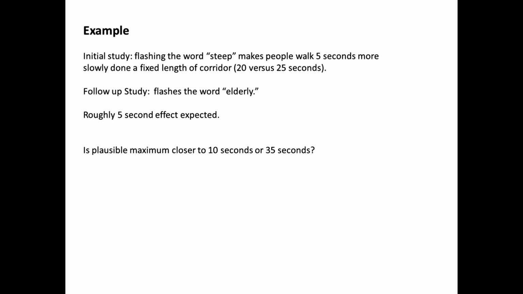So that would mean, if you use a Cauchy, you're expecting the control group to be about 20 seconds and the experimental group after a flash to be 55 seconds. That strikes me as rather implausible. I mean, we've gone beyond the realms of a plausible maximum in that case. So in this example, the normal or half normal would be scientifically more appropriate than the Cauchy. Do you see how that's a scientific judgment, as it were?